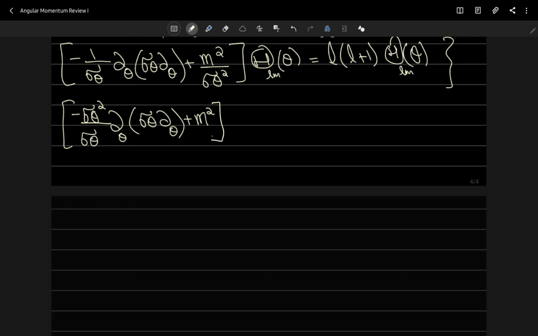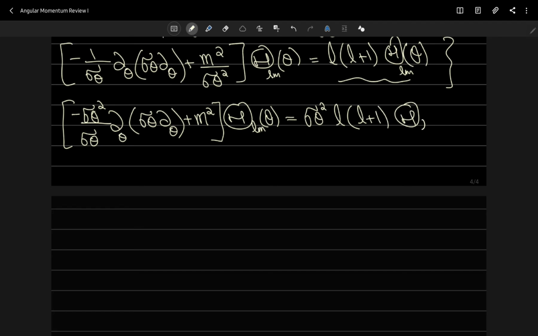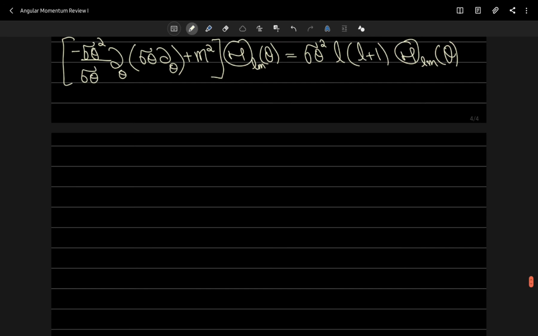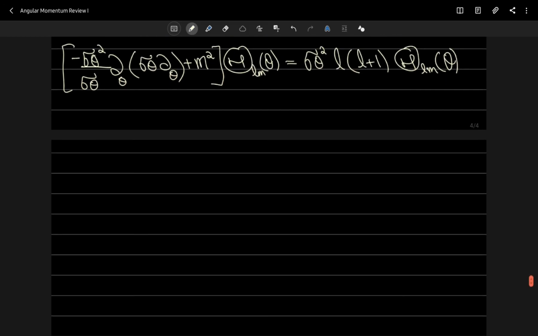And we have Θ_lm(theta) equal to, since we multiplied with sine squared theta, sine squared theta times l(l+1) times Θ_lm(theta). So well, there is a lot of mathematical calculation going on, but that's what you opted for. The next step is just to simplify this, and let me write down the final result.